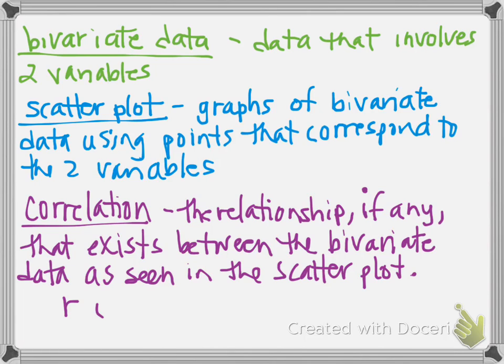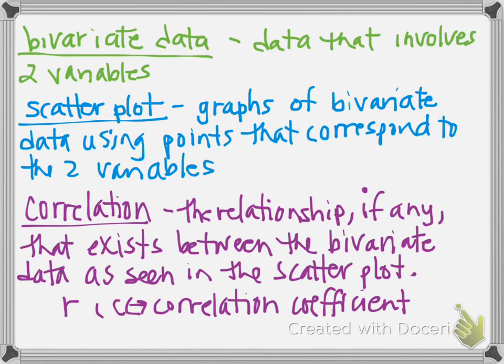We're going to call it CC, and that's going to stand for correlation coefficient. And there's a spectrum of numbers that your correlation coefficient can have. And they go from -1 to +1, okay?